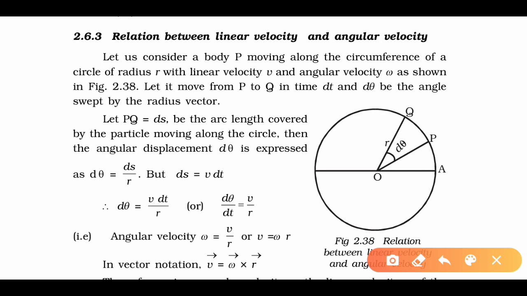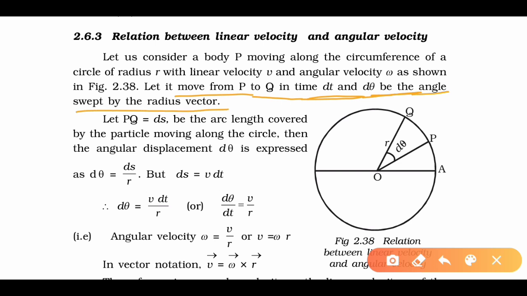The linear velocity of the particle is v. This will be the linear velocity at different points, and angular velocity is denoted by omega. Now let it move from point P to Q in time interval dt, and d theta be the angle swept by the radius vector.